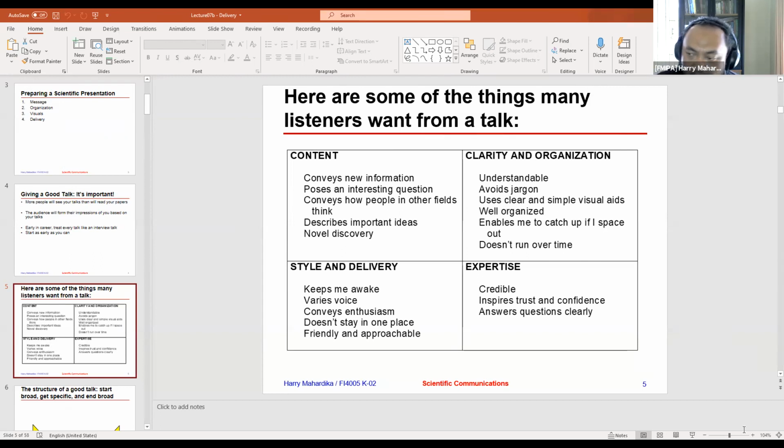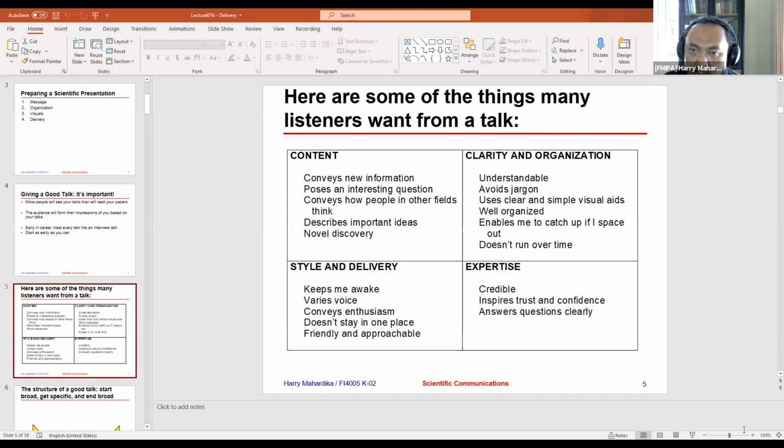Okay, and then style and delivery. If the style of delivery of a certain talk is too stiff, just like when a teacher gives a lecture, then the output of the talk itself will not be as good as if you delivered it freely like talks given, for example, at TED.